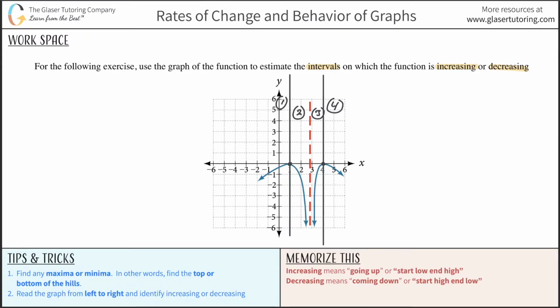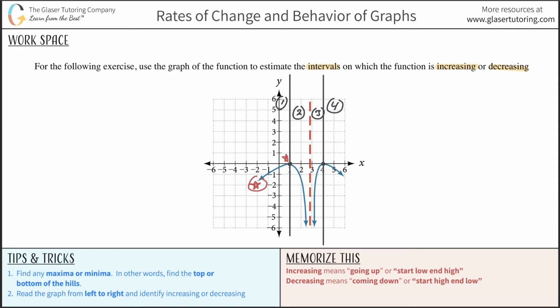Now, all we have to do is read the graphs for each of these individual sections, starting on the left-hand side of that section and ending on the right-hand side. Okay? So if we take a look at section number 1 over here of the graph, it's just this little piece right here. And I'm going to put a little star at the beginning. I'm going to put a star at the end, right? We read these graphs from left to right.